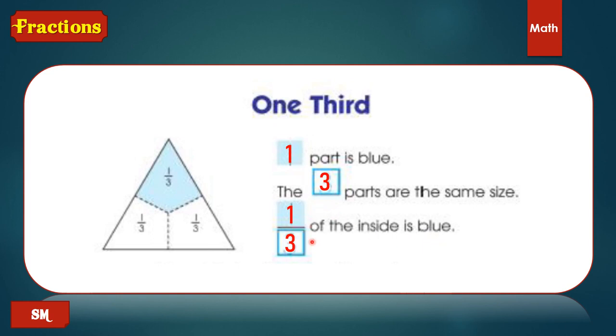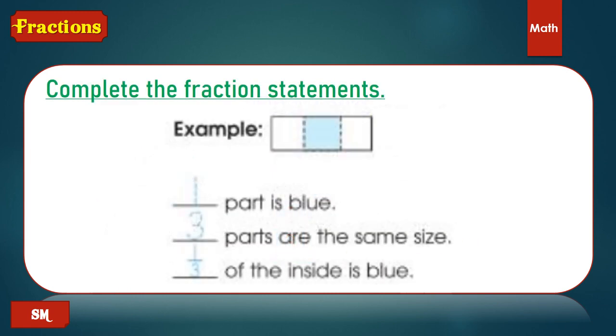If he wants to talk about the blue parts, I will write 1 part is blue. If I want to talk about the whole shape, I will say that 1/3, or 1 over 3, of the whole shape is blue. Did you get it? Let's take another one.